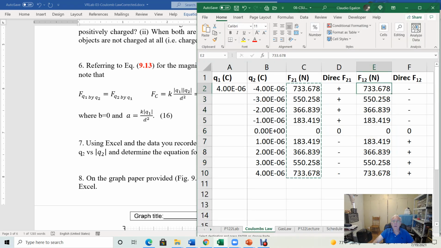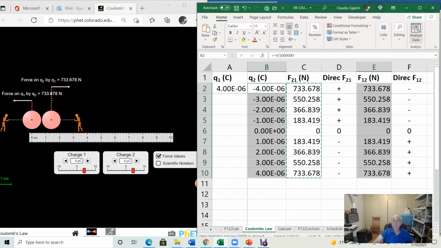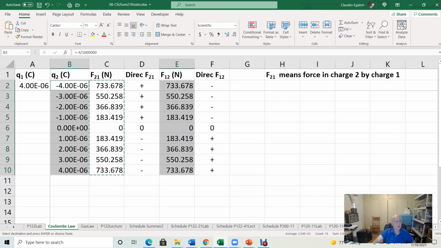This one here. This one, and against Q2, right? No, by Q2. Yeah, that's the one you want.